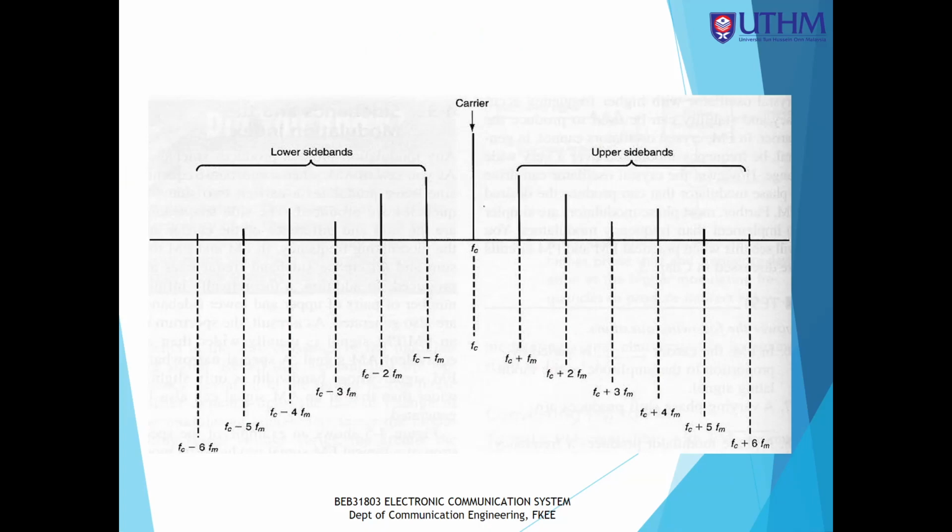If you draw the spectrum, center at Fc, and then the next is Fc plus Fm, Fc minus Fm, and then Fc plus 2Fm, Fc minus 2Fm, Fc plus 3Fm, Fc minus 3Fm, and so on until Fc minus 6Fm and also Fc plus 6Fm.